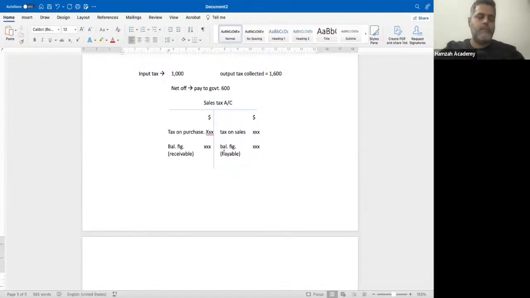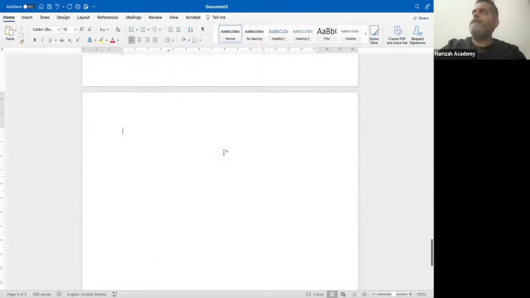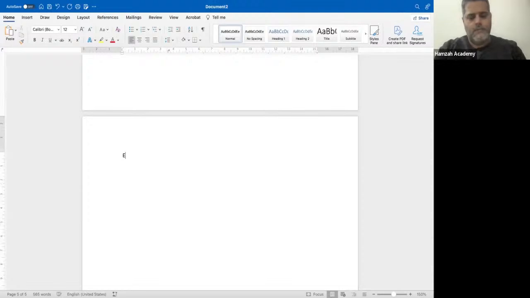Now, let's have a bit of a twist over here. Let's have an example. Mr. A bought goods costing 10,000, including tax at 20%.